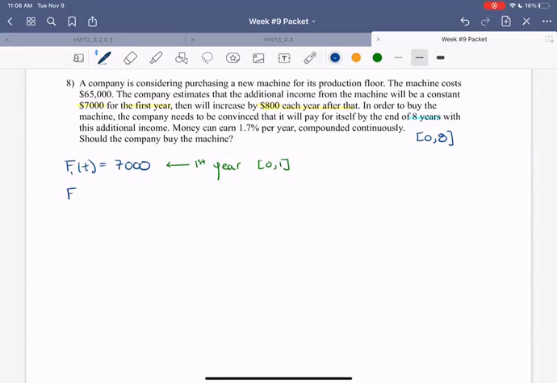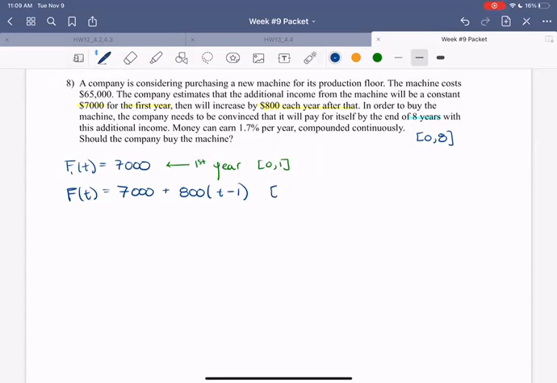And then for the next 8 years, f of t is going to be the original 7,000 plus $800 per year. Here, time is going to be t minus 1.